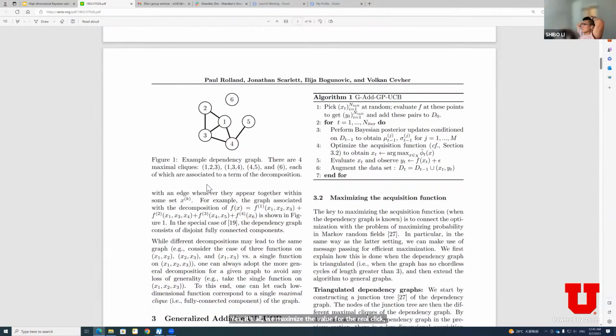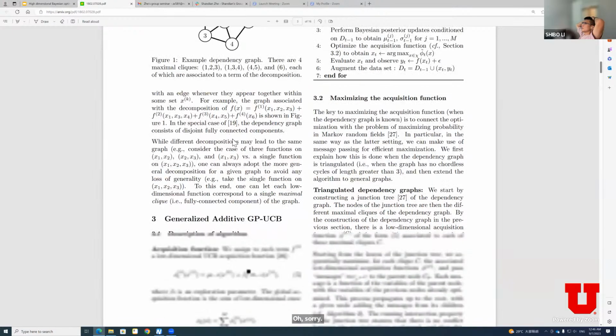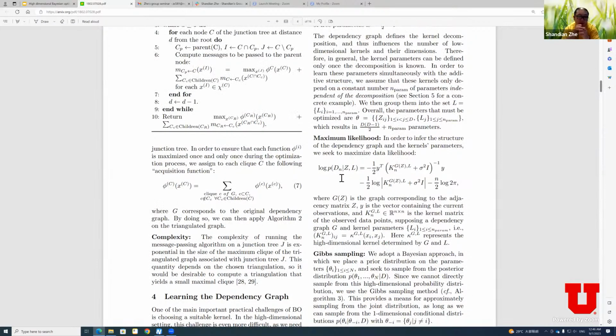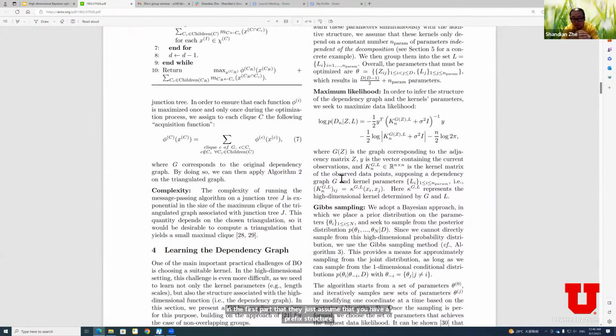You're saying that their dependency graph structure is given. Yeah, they're using the junction tree to maximize the whole acquisition function. In the second part of the paper, they can learn the graph. But in the first part, they just assume that you have a prefixed structure. So if you have an overlapping graph structure, you can use the junction tree to efficiently maximize the whole acquisition function.